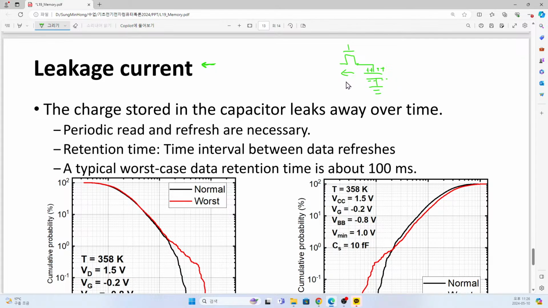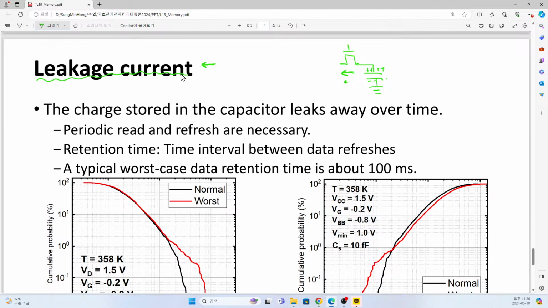If leakage current is large, it will take a short time to lose these charges. And if we have an extremely low leakage current, then it will be quite safe even after a long time has passed. So therefore, this reduction of leakage current is so important.